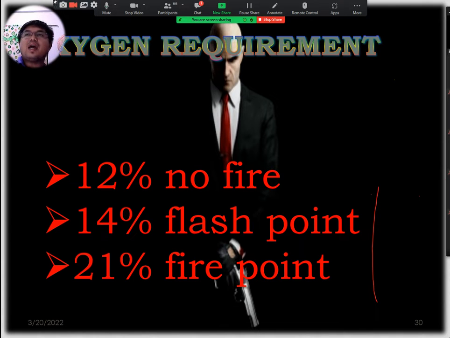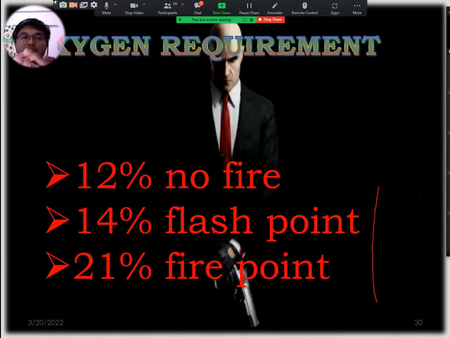Ito yung time na yung fuel or combustible matter ninyo, nagbabaga lang siya. Nagbabaga-baga lang. Ngayon, pag hinipan mo yan, di ba? Ang ginagawa ng mga lola niyo sa probinsya, kukuha yan ng hose, tapos blow.